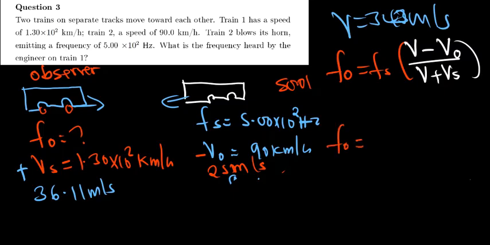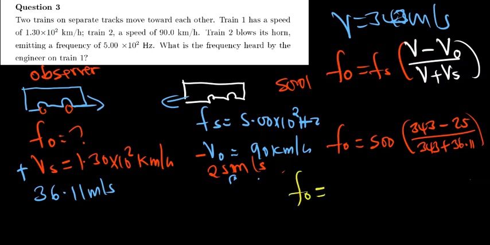So this is the 500. Then this V is always 343 minus the VO. The VO is 25, divided by the VS. Sorry, this is going to be also 340, then plus 36.11.